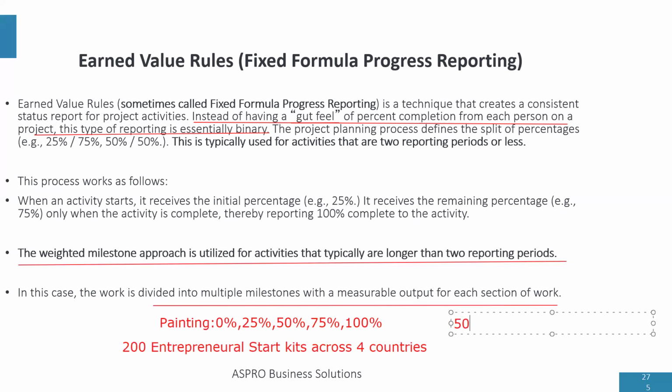All I did was 50 divided by 200, and that's how I got the percentage of the project. And in this case, it is 25%. So as we were delivering the packages, I was calculating percent completion. I hope you understand what I'm saying.